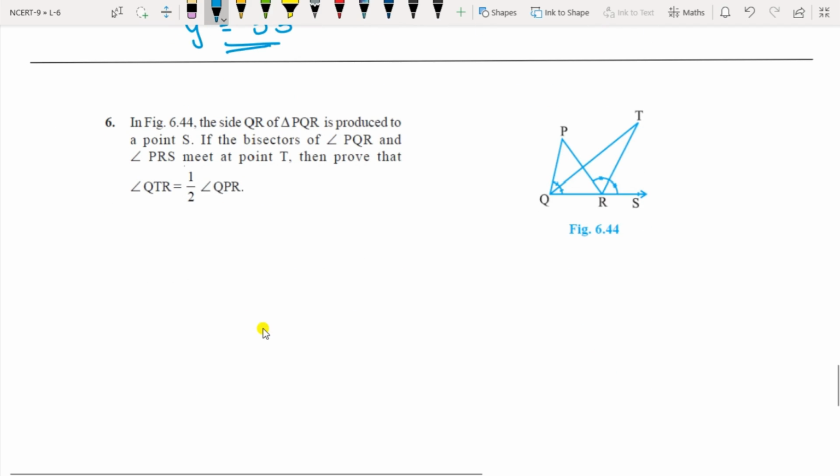In question number 6, two triangles have been given on the same base. Like you open your notebook slightly tilted, but the base is the same.